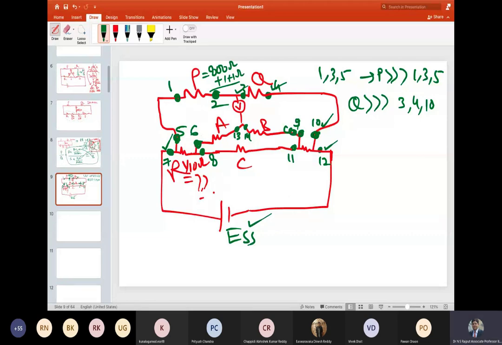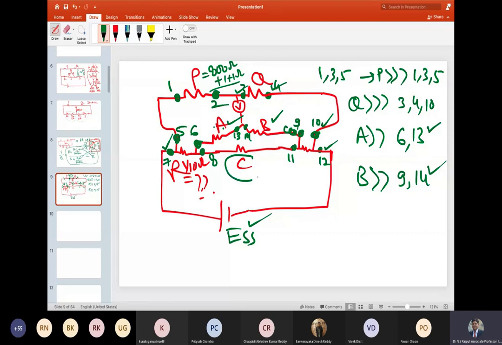Now on this side, A and B are mid-value resistances, right? So in that case, 6 and 13 are in series with A, which is much greater than 6 and 13. So that will also go off. Similarly for B, B is much greater than 9 and 14. So that also has been taken care of.